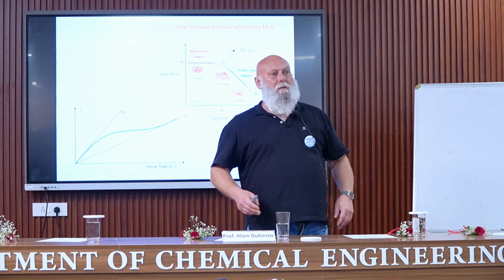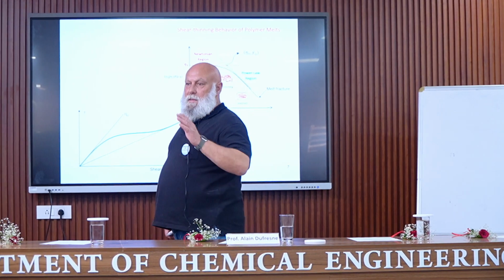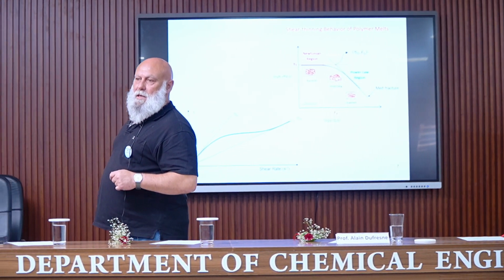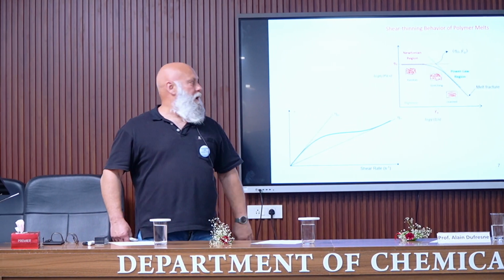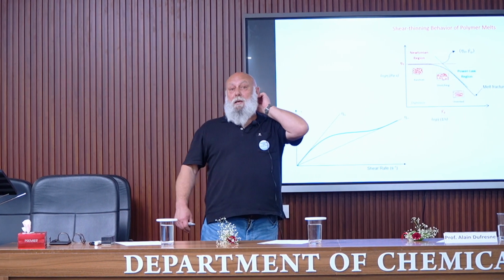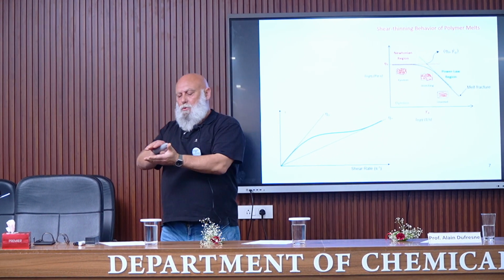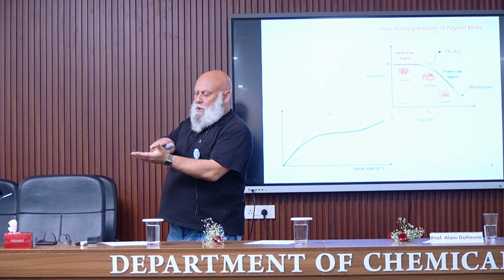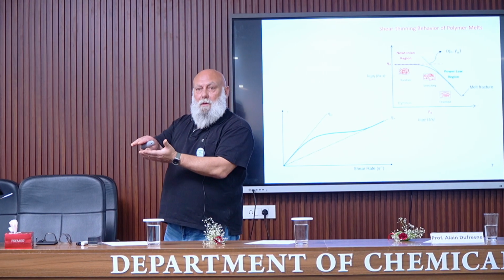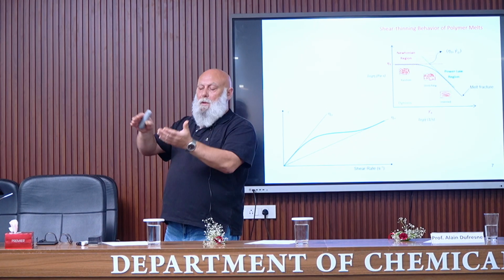It's necessary to compare this relaxation time, that depends on temperature, of course, and the time which is characteristic of the experiment. This time is related to the shear rate. If the shear rate is slow, it means that the experimental time is long. If the shear rate is high, the experimental time is short.